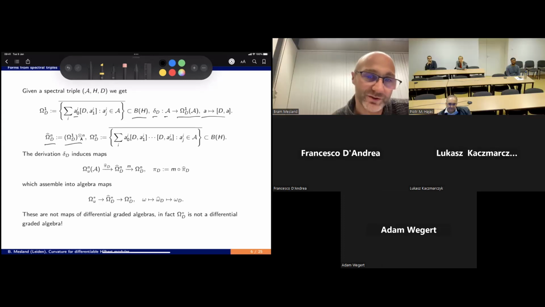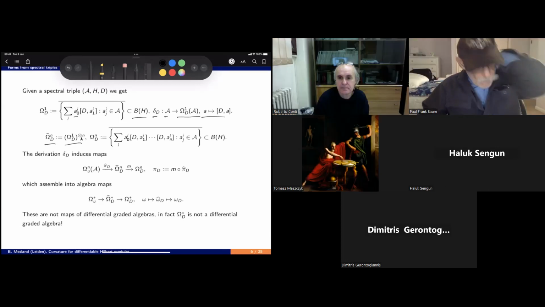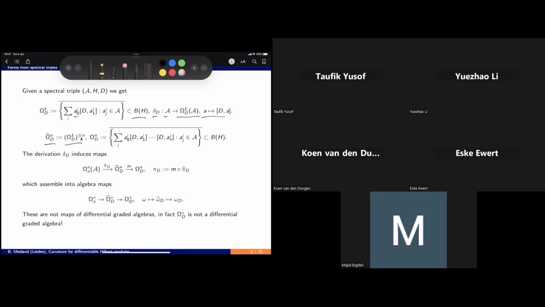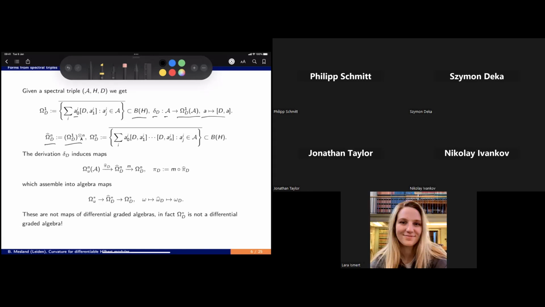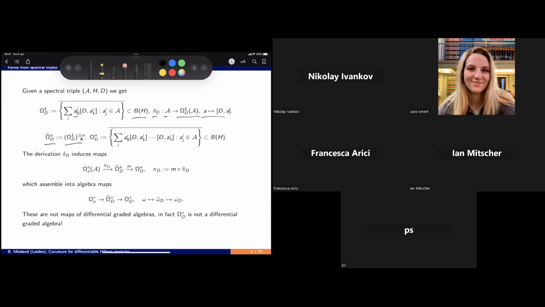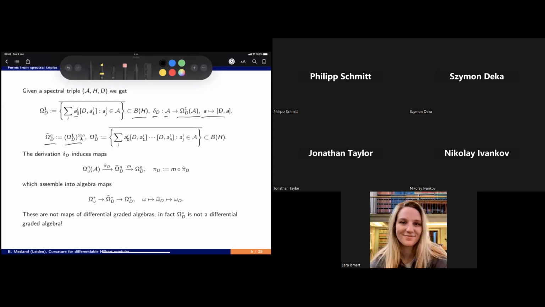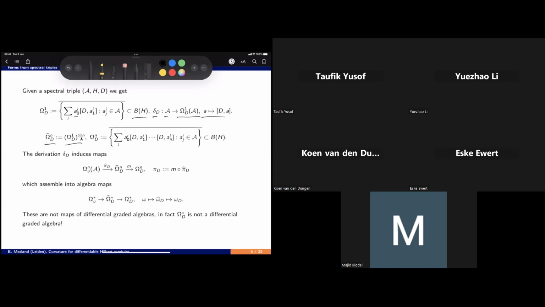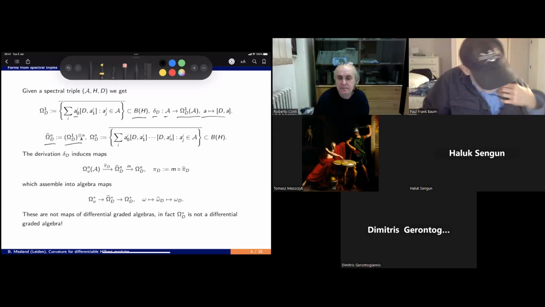I also want to consider the omega n d without the hat, and these are just the closure of what you would naturally think of as the represented n forms. These are 2 different things, of course, because the first one has tensor products in it, the second one has operator products.